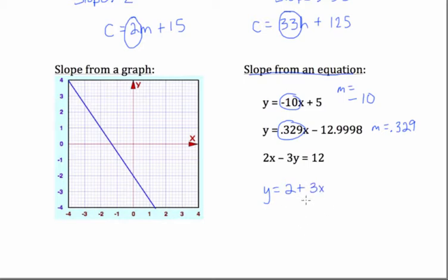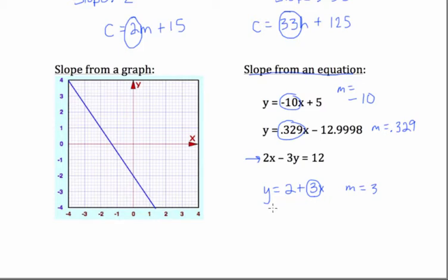Sometimes you'll have it where the m number and b number are kind of switched around, and that's okay. It's still the number that's attached to the x. It's always the coefficient of that x term, even if your terms are in a little bit different order than you're used to seeing. Okay, let's look at this third problem here.